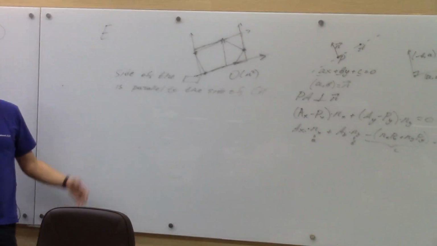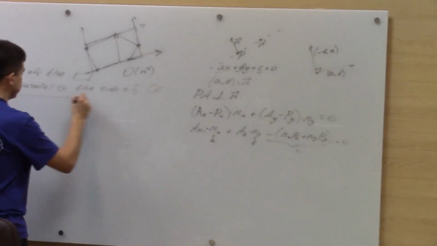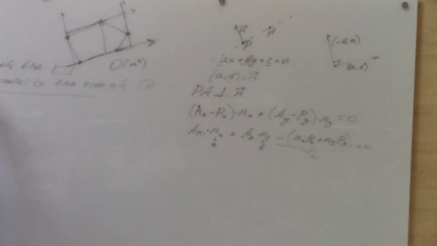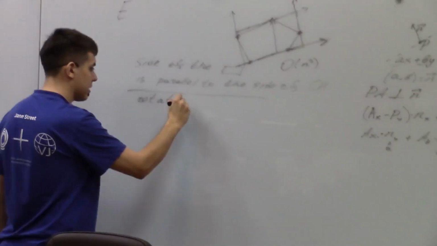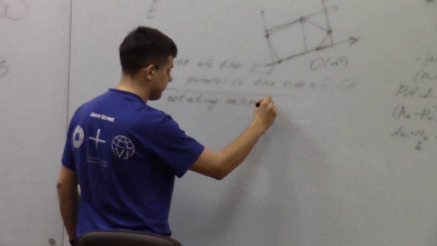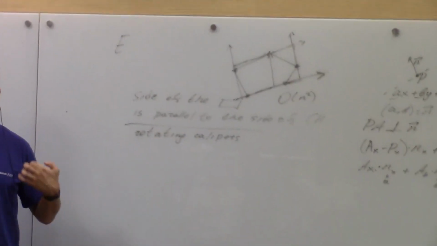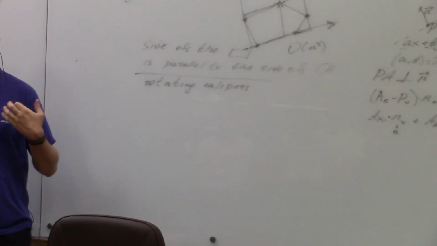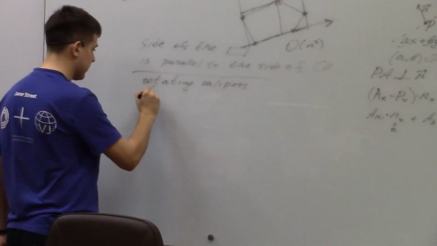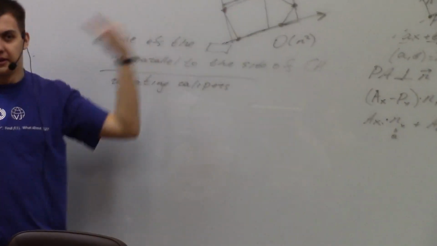Now, we can make a linear solution out of this, and this is somewhat similar to rotating calipers technique. Or like a geometry version of 2 pointers. But instead of 2 pointers, we'll have 4 of them.